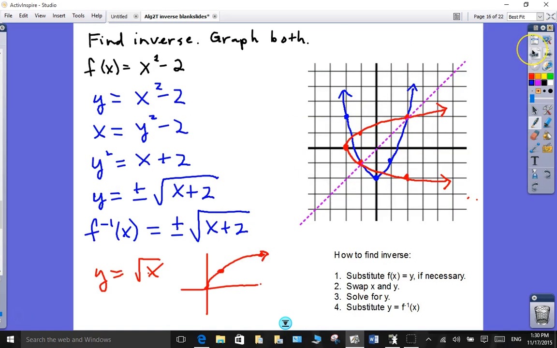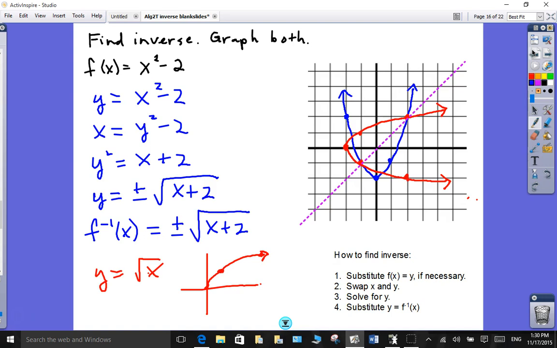One was in red, one was in blue. The blue graph here, right, a parabola opening up, does it pass a vertical line test? The blue graph? Sure, that's a function. How about the red graph? Does it pass a vertical line test? No, it's going to cross in two places all over the place. So, no, it does not pass it.